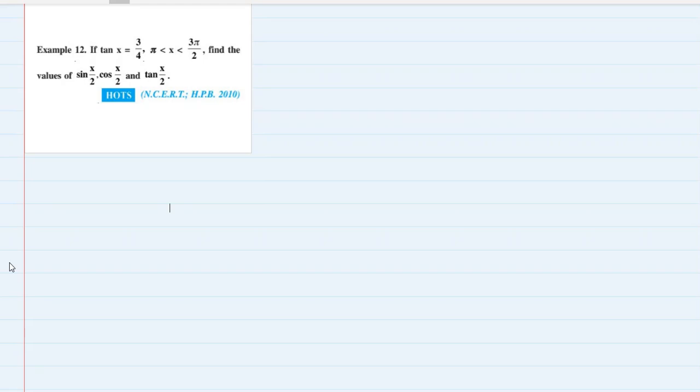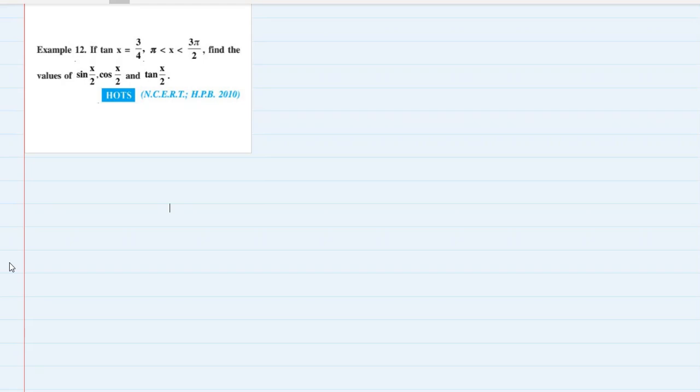Now your angle x is in the third quadrant. If you divide any number which is greater than 180 and smaller than 270 by 2, suppose you have 200, dividing by 2 you get 100, which is in the second quadrant.